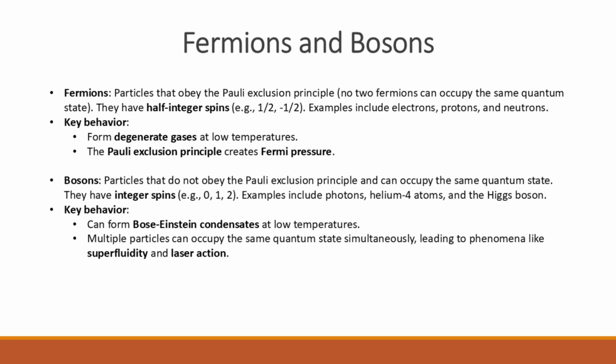In contrast, bosons like photons and helium-4 atoms have integer spins and are the free spirits of quantum mechanics. They can happily occupy the same quantum state, leading to fascinating phenomena like Bose-Einstein condensation and laser action. Their different behaviors arise from their intrinsic quantum mechanical properties.